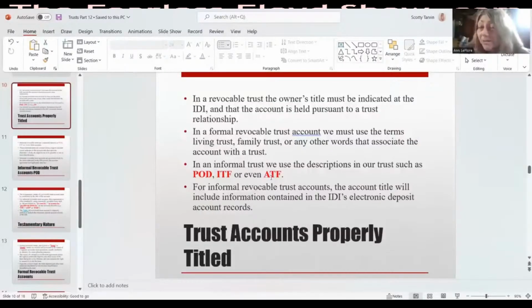So that's not a big deal, but we just have to make sure that when you are working with the bank, your account inside the IDI reflects what your trust says, and it reflects the title of your trust.